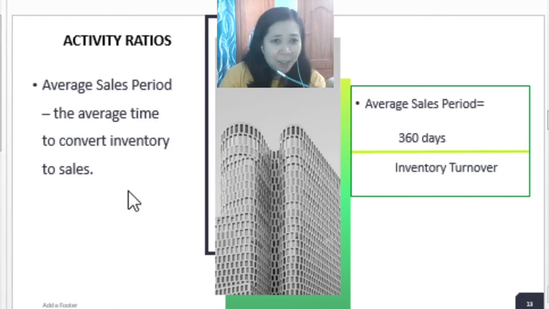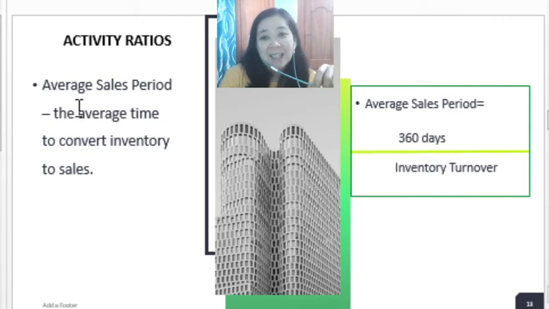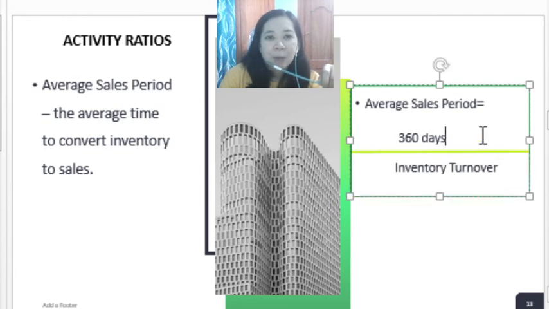Again, they have the same concept as the receivable turnover. This one is also the same as the average collection period: the average sales period. Average sales period is the average time to convert inventory into sales. Again, this is the number of days. How many days does the company wait before they can sell their inventory? The formula to solve for the average sales period is 360 days divided by your inventory turnover.